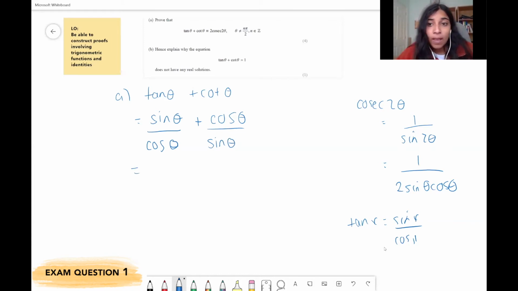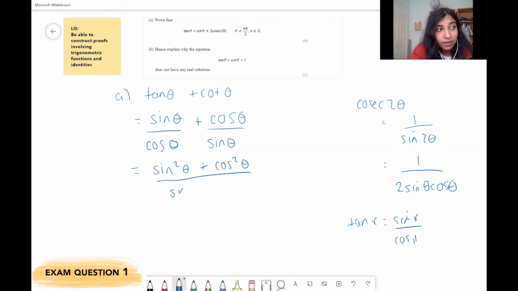Now, if you notice that if we cross multiply to find a common denominator, we would get sine theta cos theta, which is really similar to what we want over here. So let's try that. If we do sine squared theta, and then multiply cos theta by this, we get plus cos squared theta, and that will all be over sine theta cos theta.